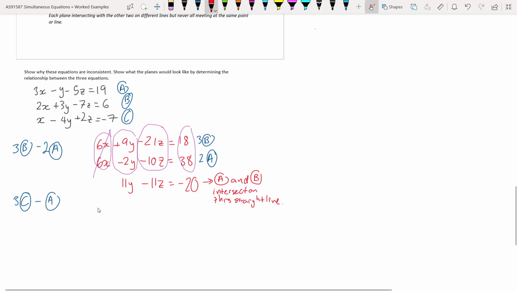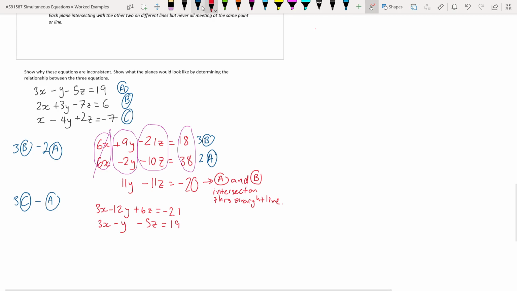So 3c, what would that look like? That would look like 3x minus 12y plus 6z equal to negative 21. What would a look like? Well, a is just literally what a is up there, 3x minus y minus 5z equal to 19.